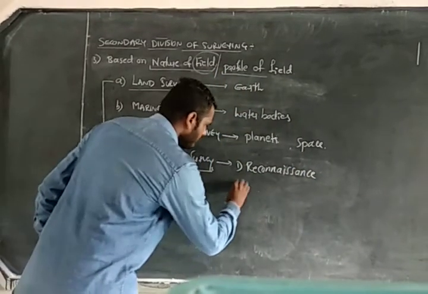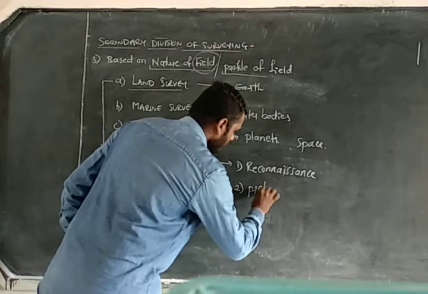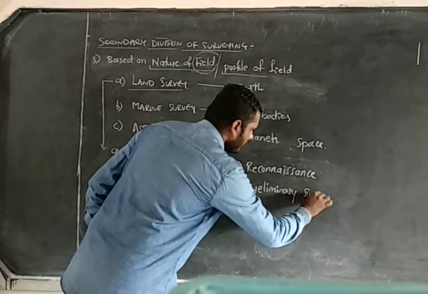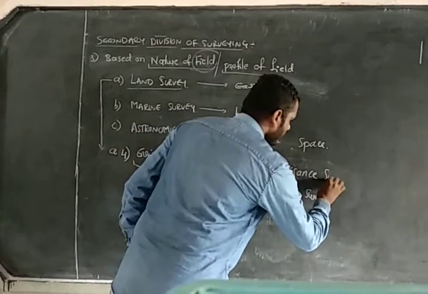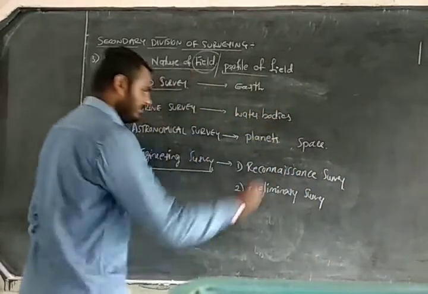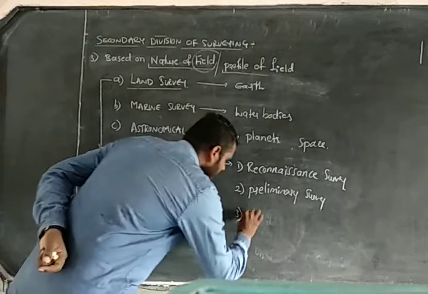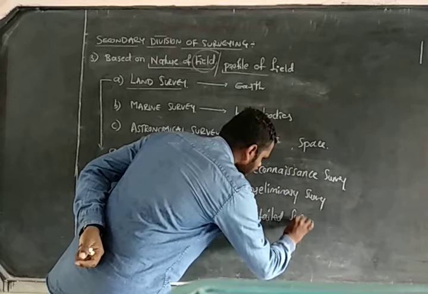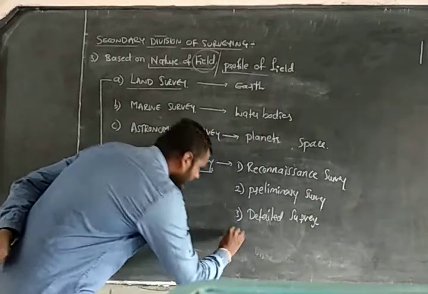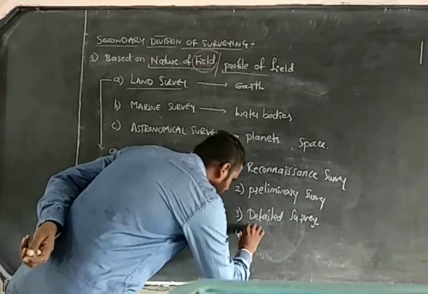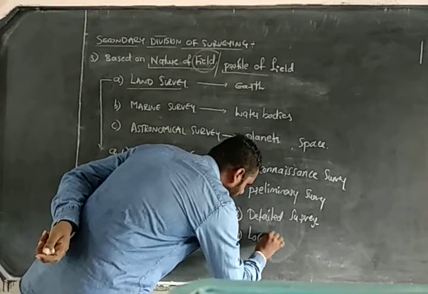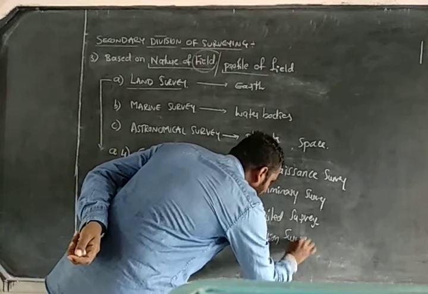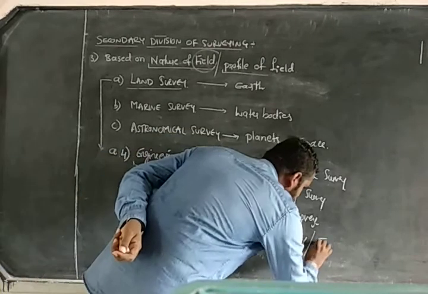Second stage is preliminary. Reconnaissance survey, preliminary survey, detailed survey, and finally the fourth one is location survey, or final survey.